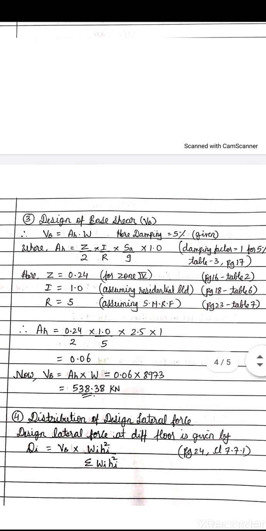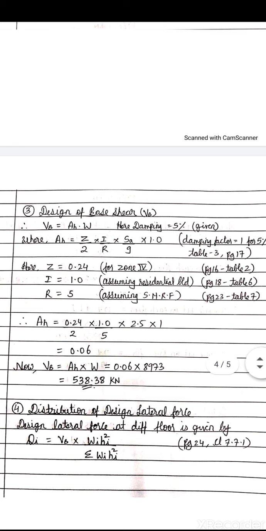Again the type of the structure is not given, so let us assume it as special moment resisting frame. You can select on the basis of table 7, page 23. You can select either ordinary moment resisting frame or special moment resisting frame. Based on that you will get the value of R. So let us assume it as special moment resisting frame, and the value of R for that is 5.